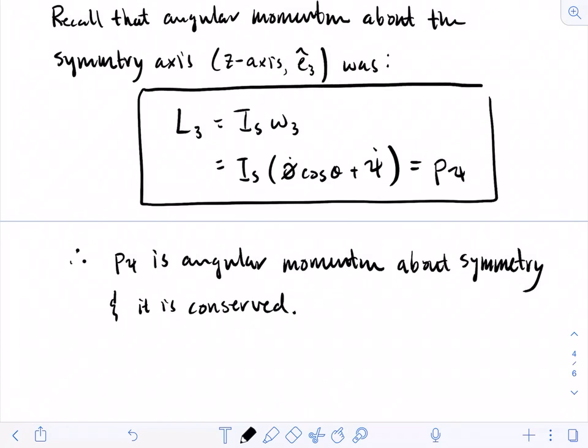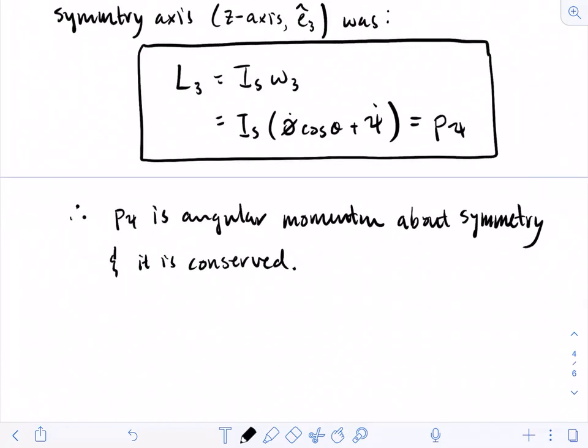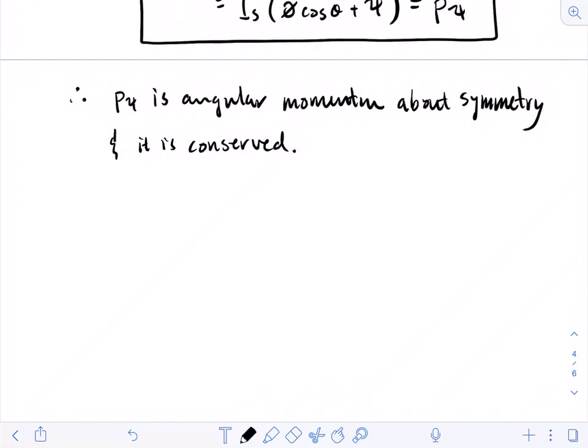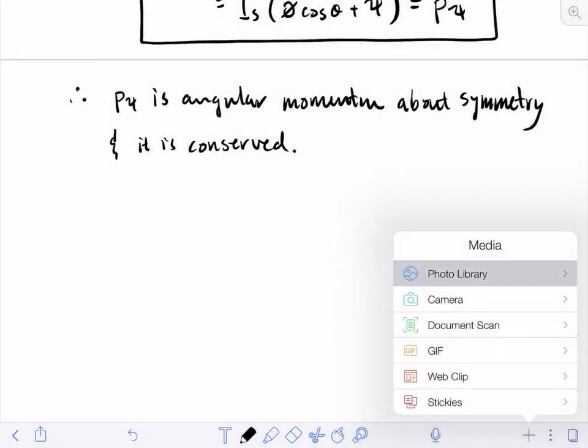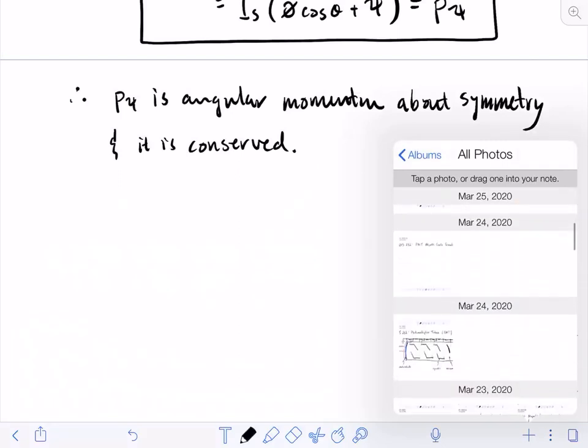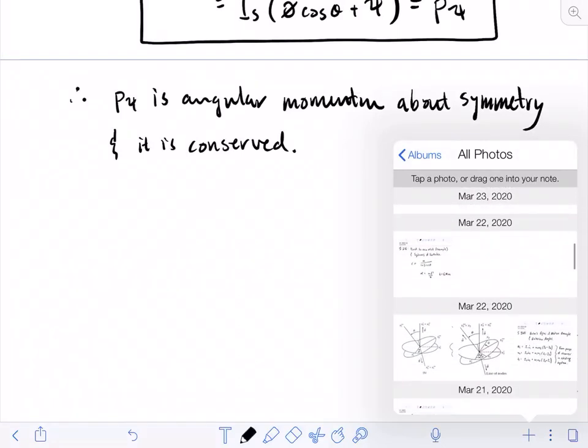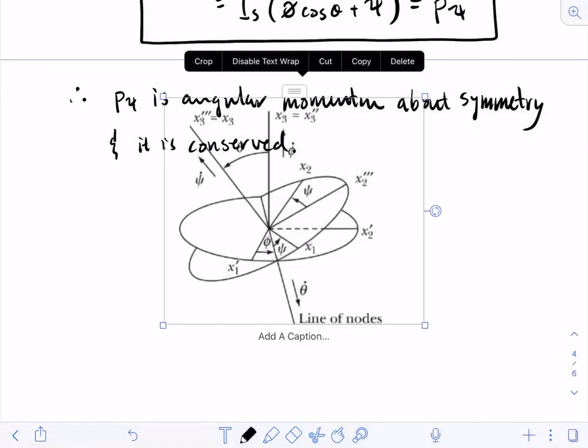What I'm going to do is insert that picture once more of the Euler angles. Okay, there it is.